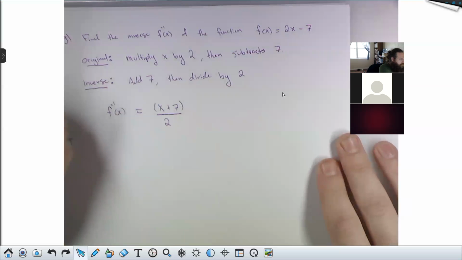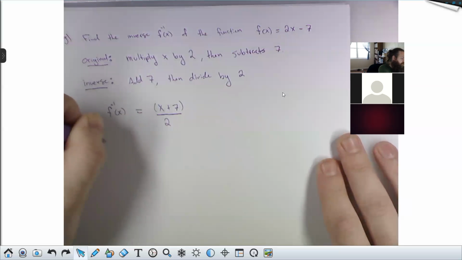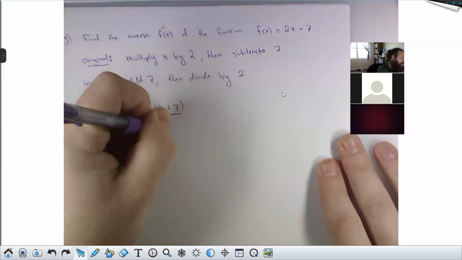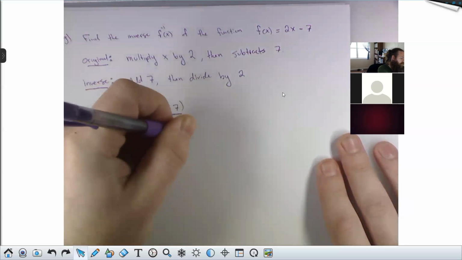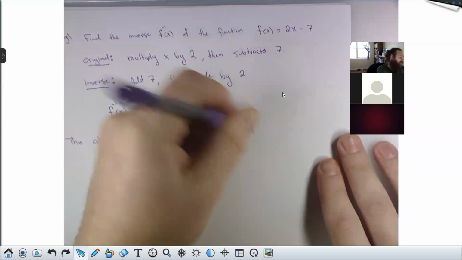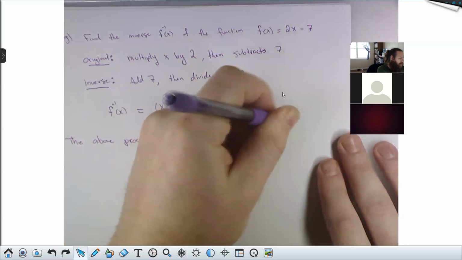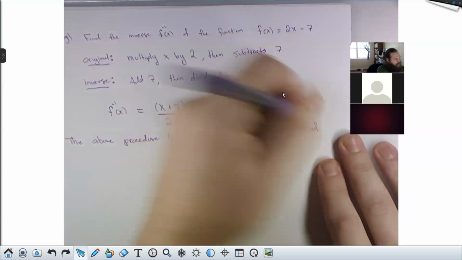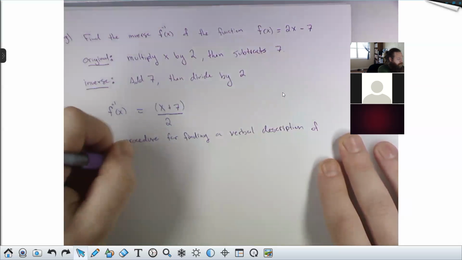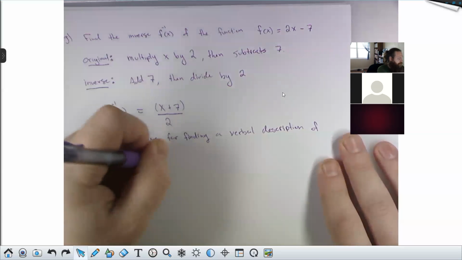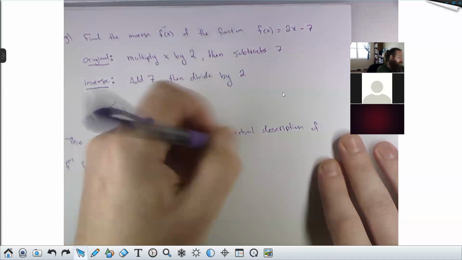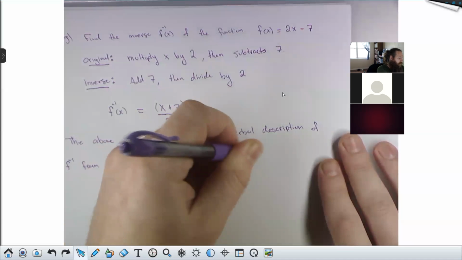So the above procedure for finding a verbal description of f inverse from a verbal description of f works.